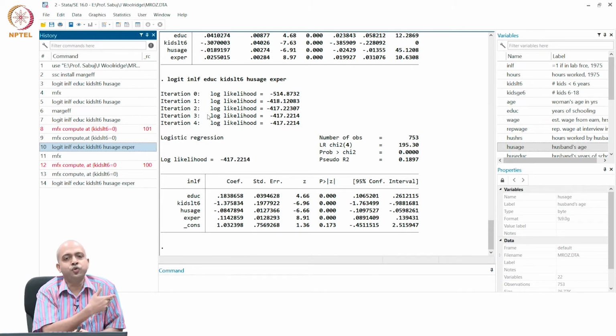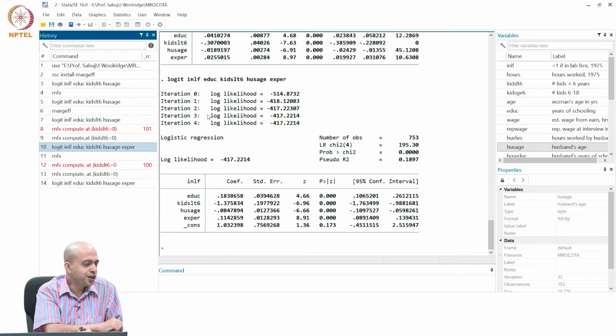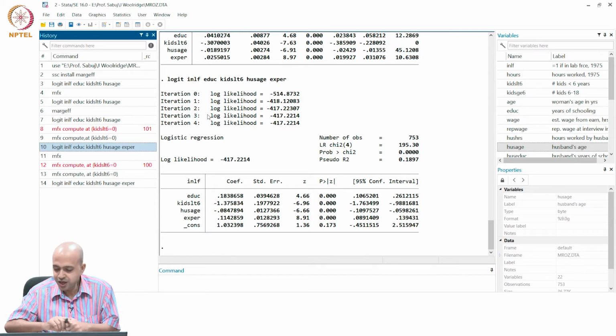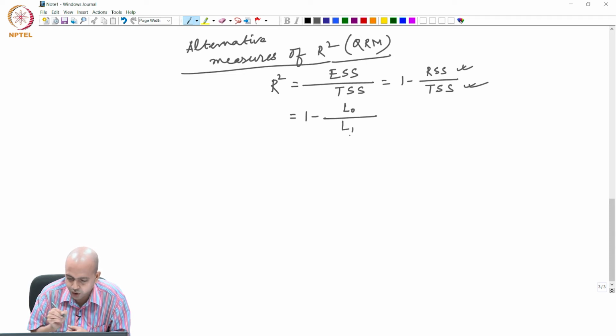Obviously, when you have no explanatory variable in the model, there is no question of explaining anything, there is no question of anything remaining. That is the reason the log likelihood corresponding to iteration 0 in Stata is reported as L0, and the final one is called L1. So, this is defined as L0 and L1.